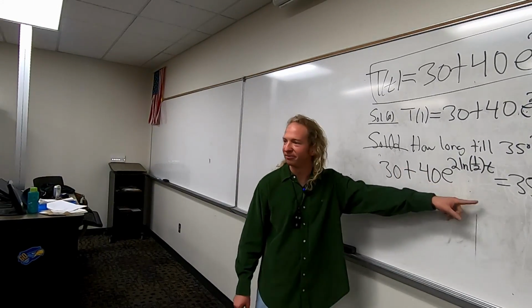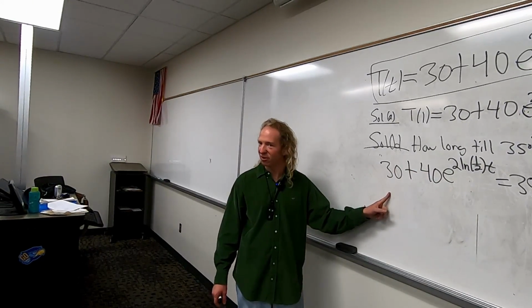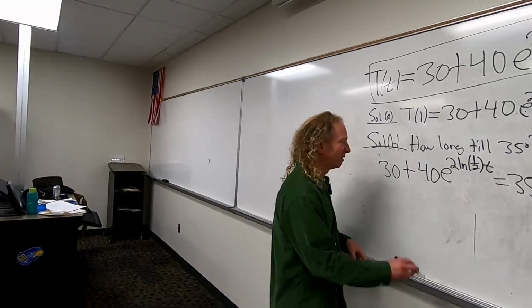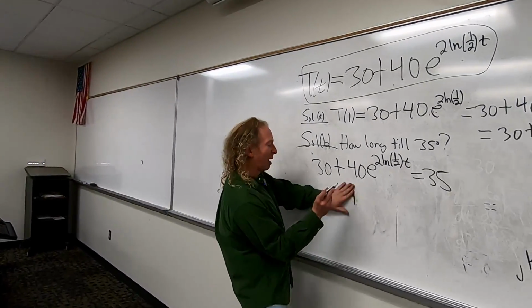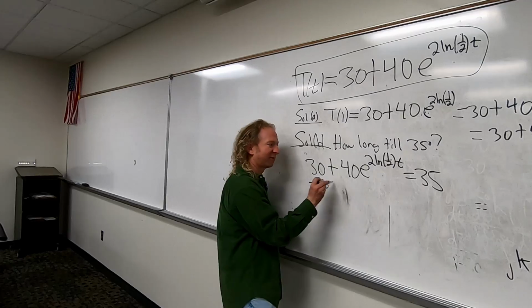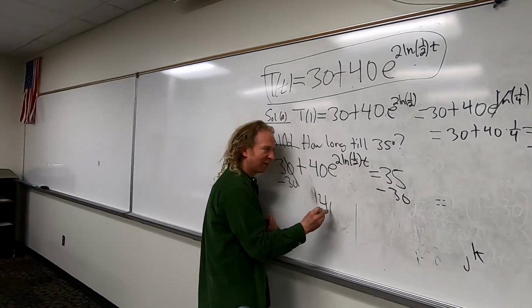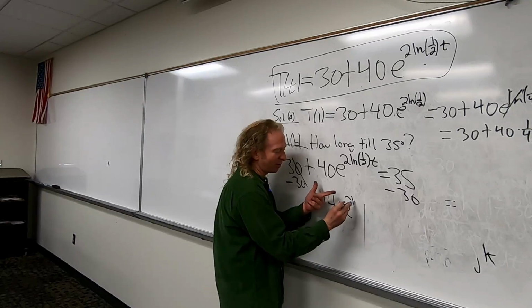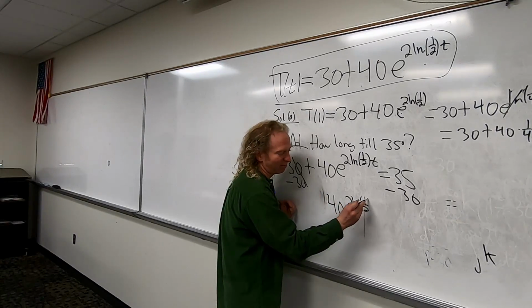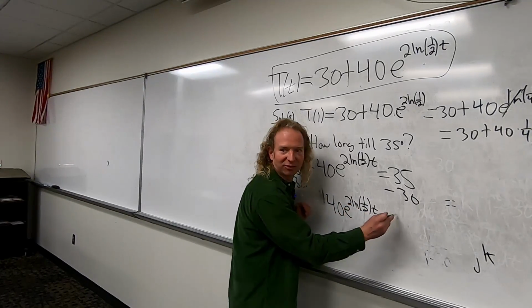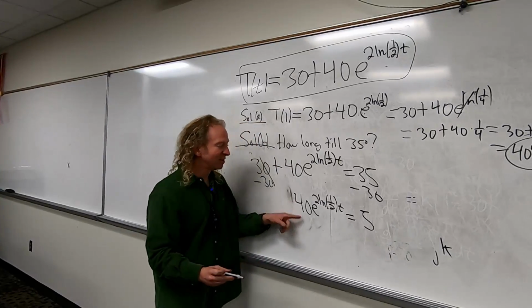So subtract 30 from both sides. These cancel, so you get 40 e to the 2 ln 1/2 t equal to 5. Again, I could have gotten rid of this e a long time ago, but I'm just being bad. Divide by 40.